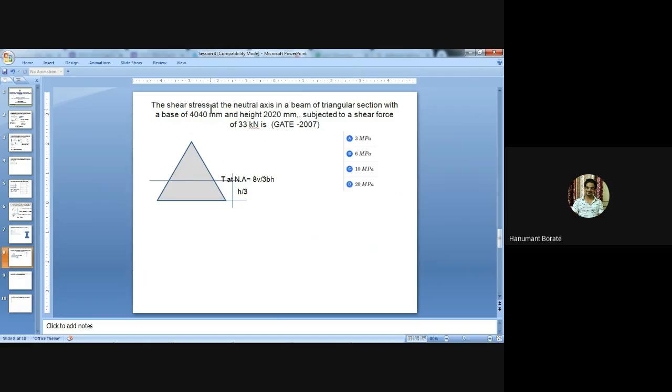The shear stress at the neutral axis in a beam of triangular section with base 40 mm and height 20 mm, subjected to a shear force of 33 kilonewton. So we need to find the shear stress at the neutral axis. This question is from GATE 2007.